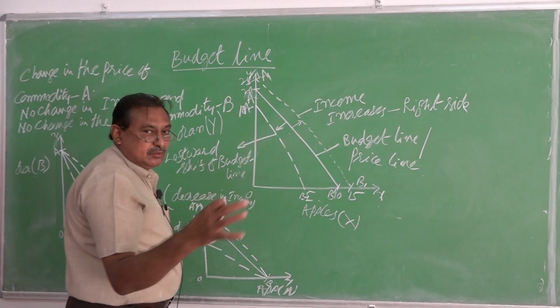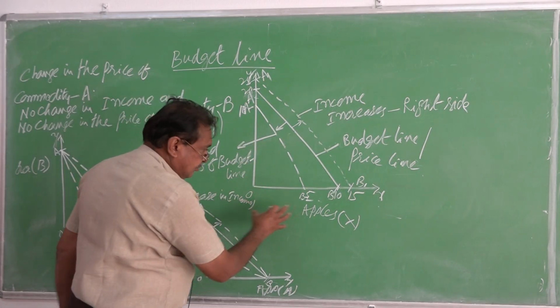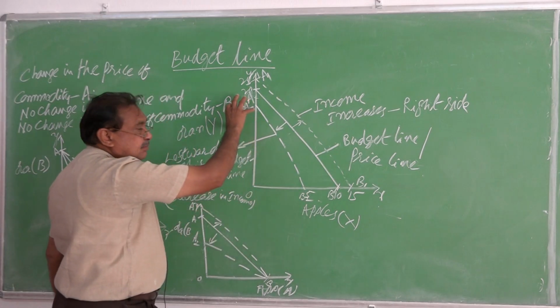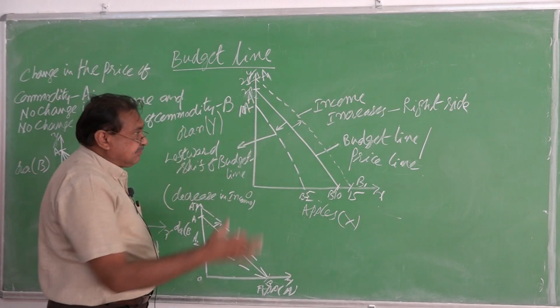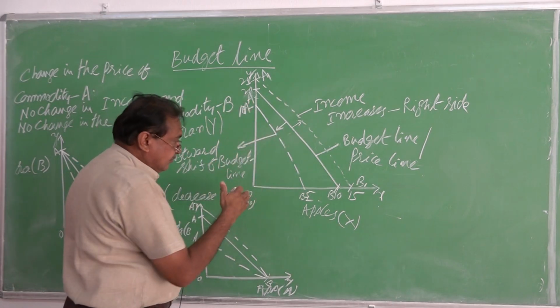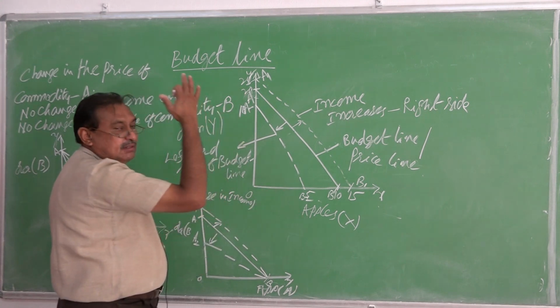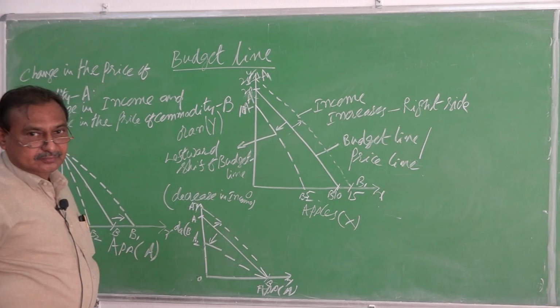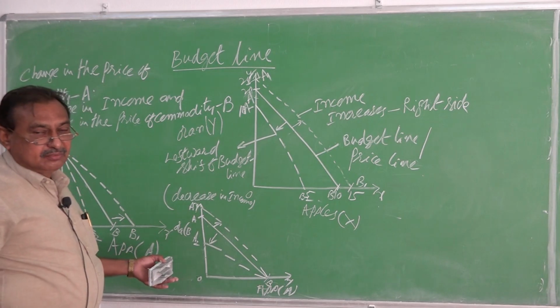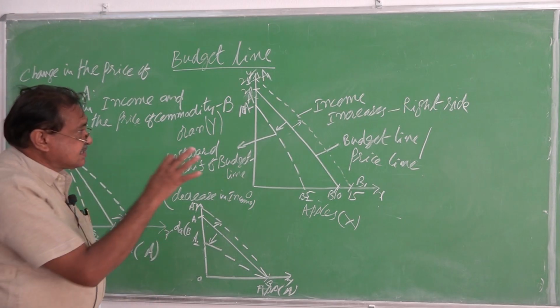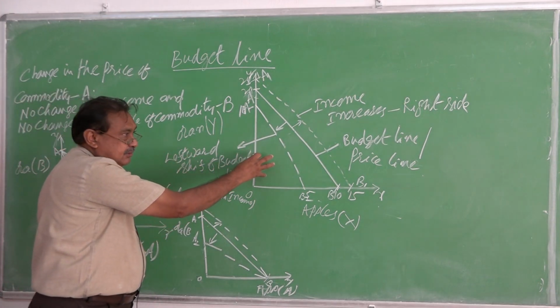Because due to the increase of money, we can purchase more quantity of commodity X and more quantity of commodity Y. If income decreases, reverse, we can purchase less quantity of commodity A and less quantity of commodity B. There is a possibility of increase in income and decrease in income. So, this is very, very important as a 3-mark question.